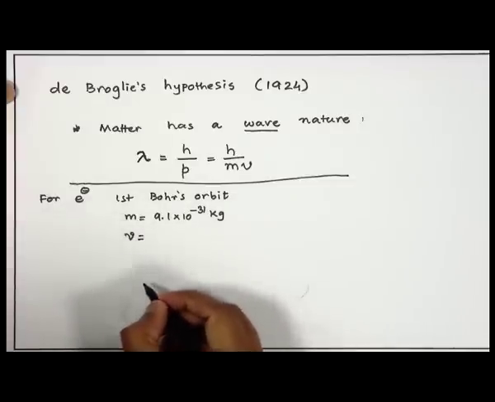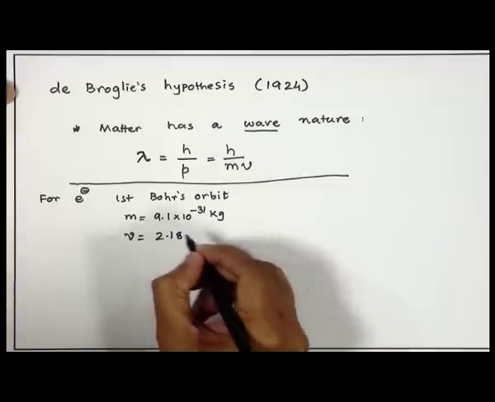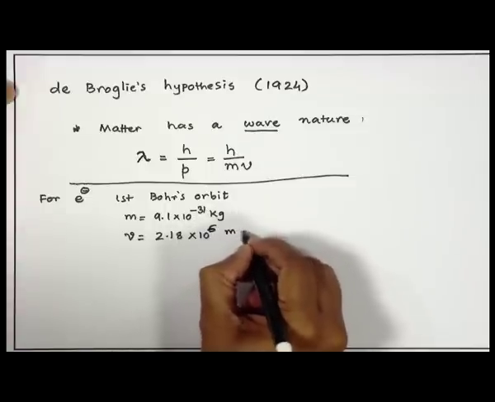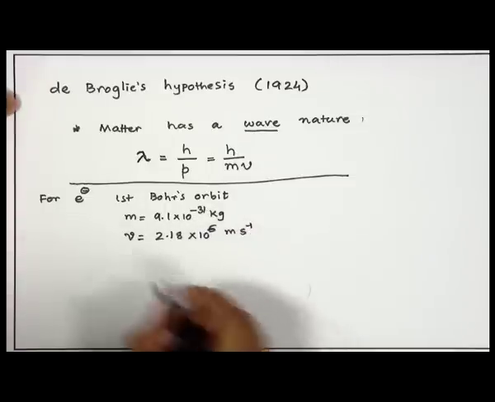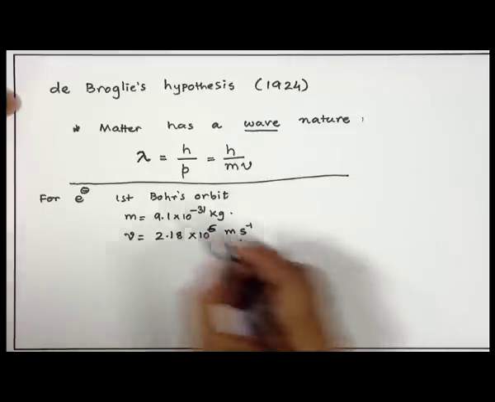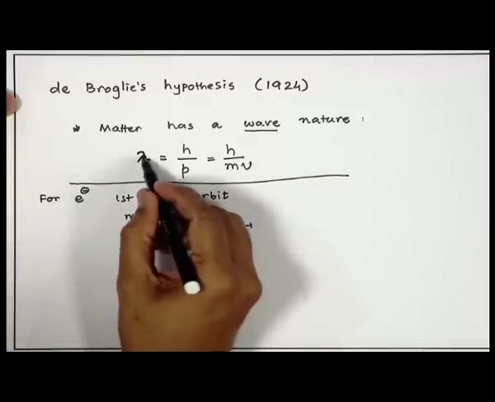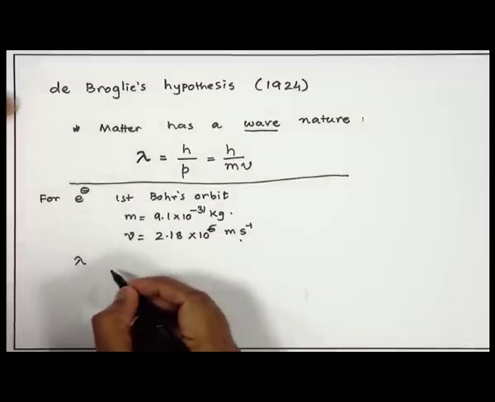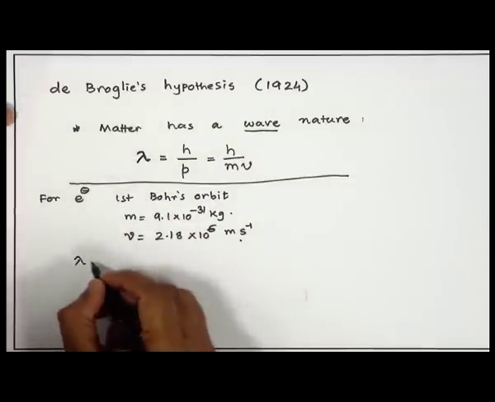The speed of the electron in the first orbit we discussed, 2.18 into 10 to the power 6 meter per second. If I know mass, I know velocity, then using de Broglie's hypothesis, I can know the wavelength of this particle.